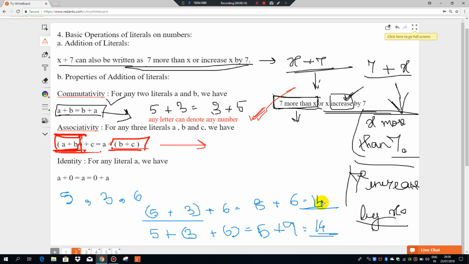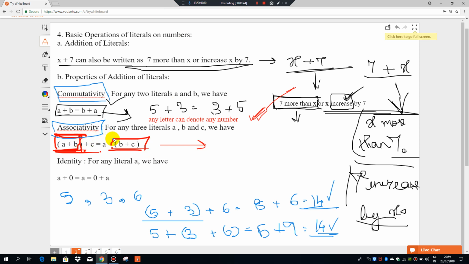See, the answers are the same, but the grouping changes. And the easiest thing, if you have doubt about commutativity and associativity, is to remember that the commutativity property is used only for two numbers, where we can change the order but the answer remains the same.